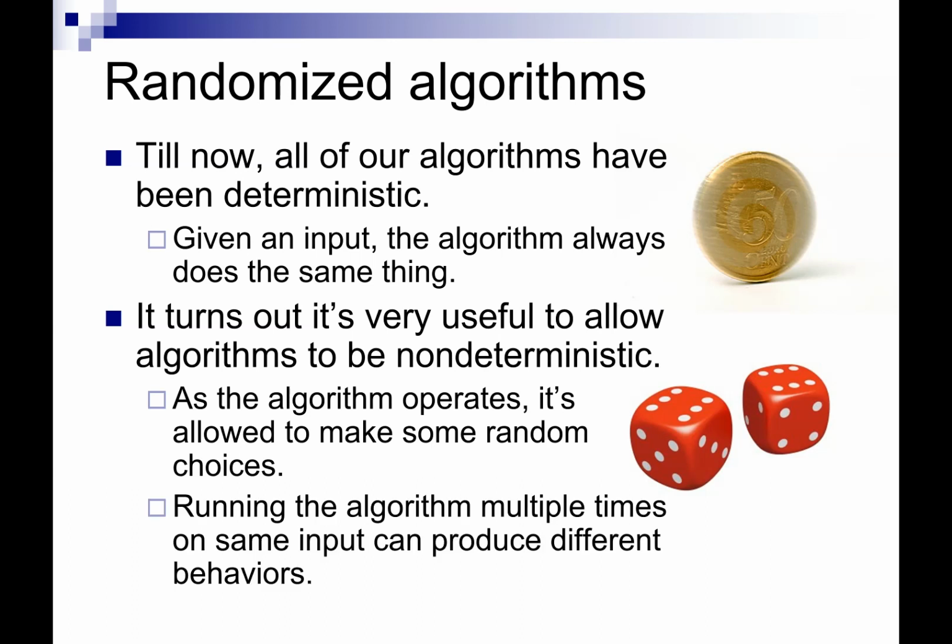Because the algorithm is allowed to make random choices, if you run it several times, even on the same input, it can produce different outputs. So the algorithm is no longer deterministic.